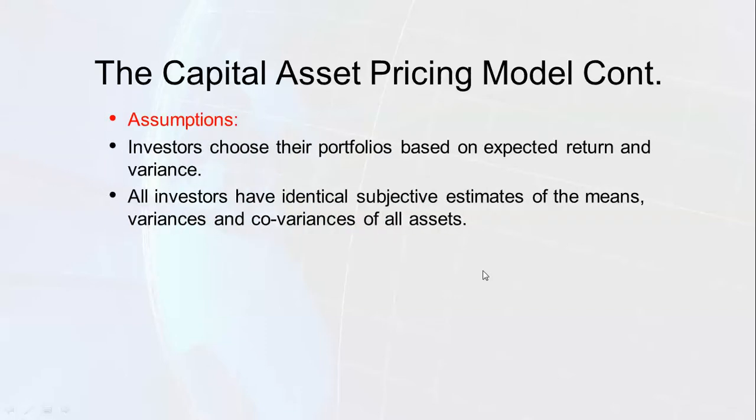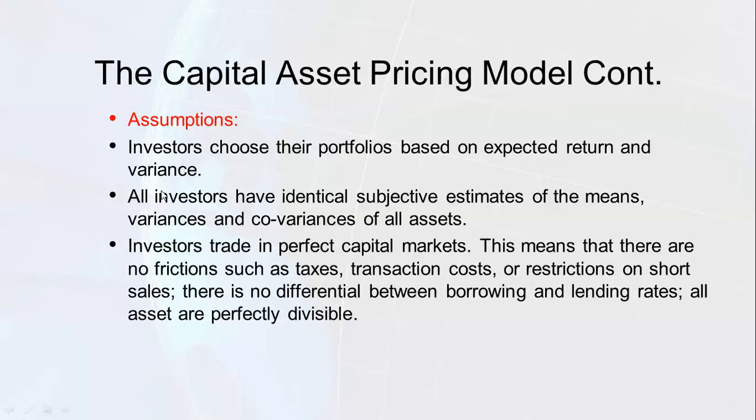CAPM has several assumptions. Investors choose their portfolios based on expected return and variance. Investors have identical subjective estimates of means, variances and covariances of all assets. Investors trade in a perfect capital market, which means there are no frictions such as taxes, transaction costs, or restrictions on short sales. There is no differential between borrowing and lending rates.